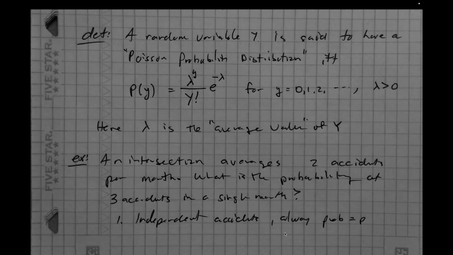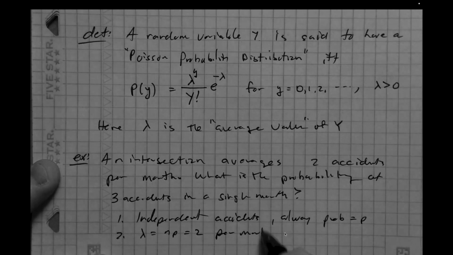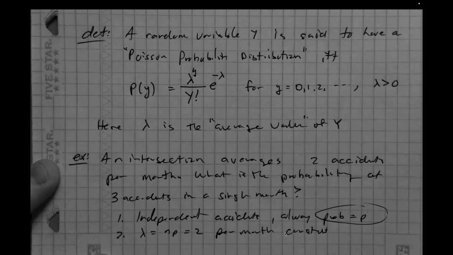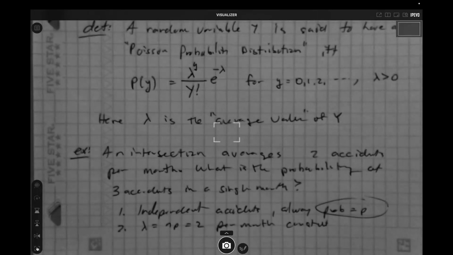It's an assumption. We have an average number, so lambda is equal to np, which is equal to 2 per month. That's constant, so that's part of this. The probability is equal to p, so the probability is constant. The average we'll assume is constant. So that's satisfied.